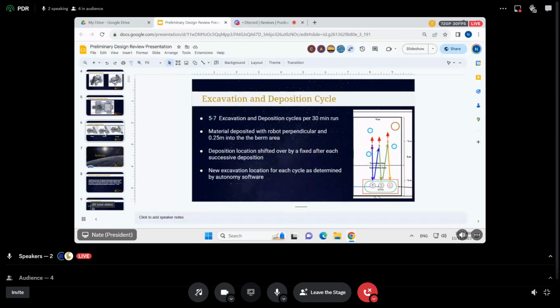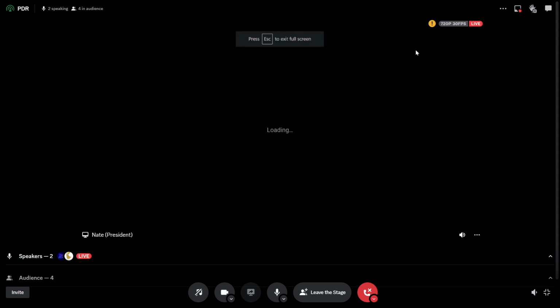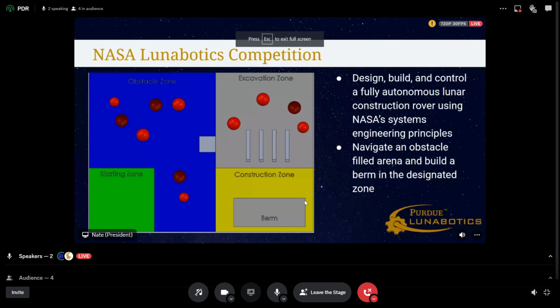So basically we're allowed to put anything around the berm. So the idea would be to put the April tag on this right side of the berm area. That way, when it does its starting configuration spin, so basically the robot's going to spin 360 degrees, the camera would see it.